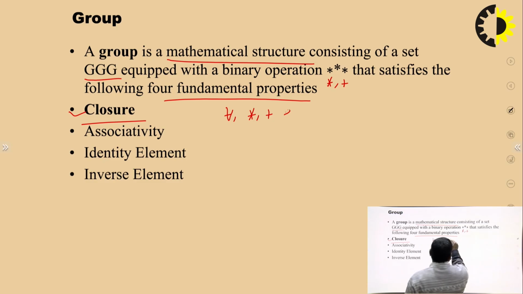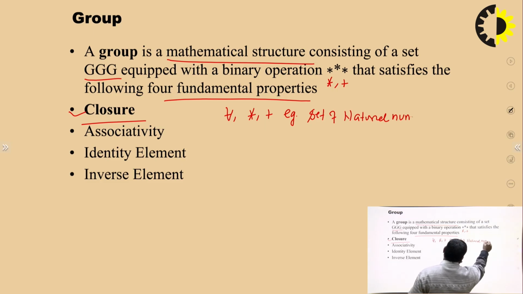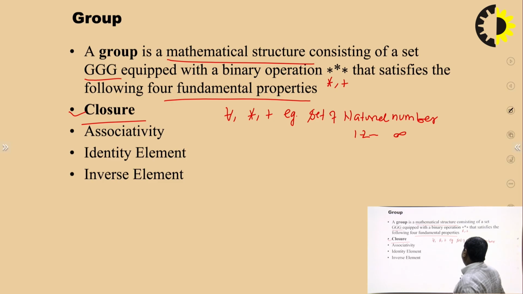For example, the set of natural numbers. The set of natural numbers means 1, 2, up to infinity. In this mathematical structure, for every two elements, we perform the multiplication operation and the plus operation.